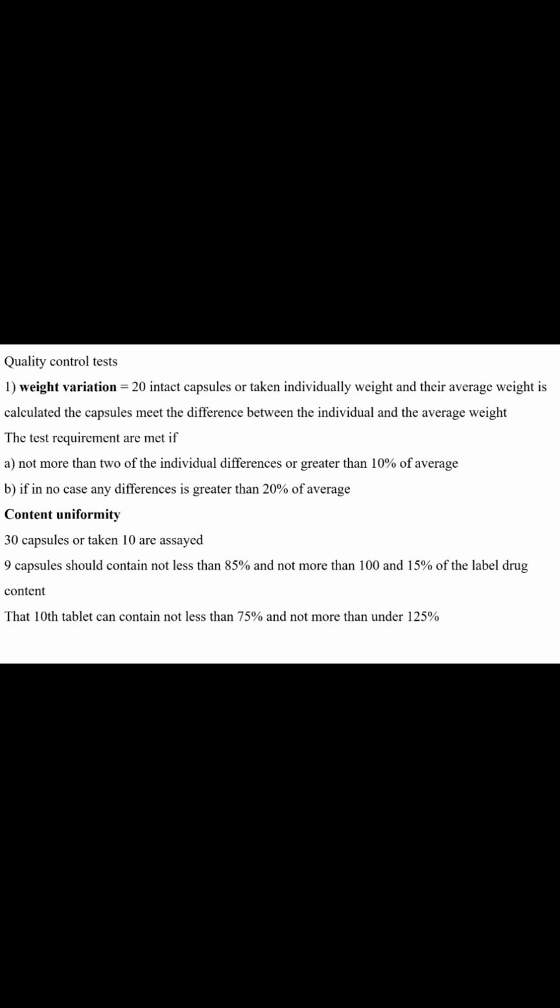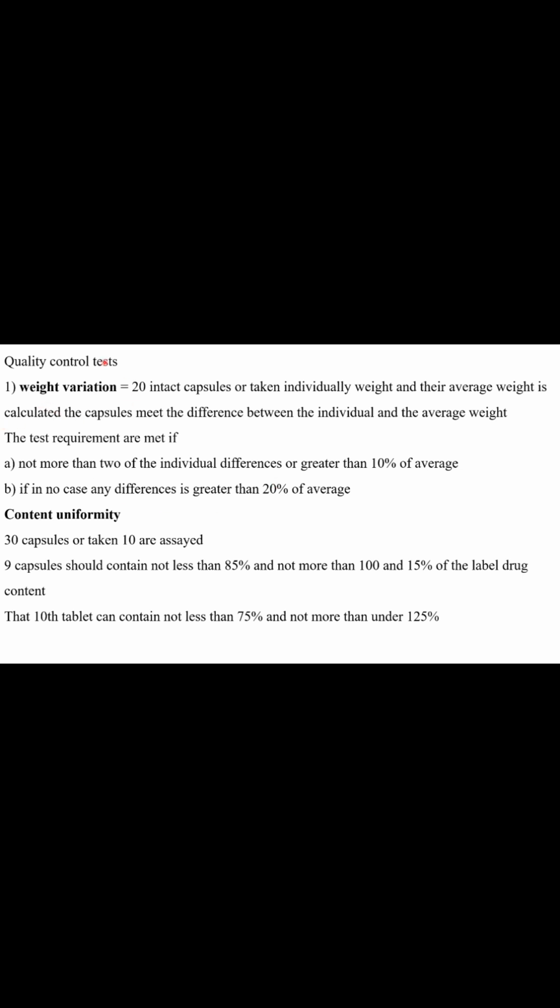The acceptance criteria: no more than two capsules should have a weight difference greater than 10% from the average weight. And no capsule should have a weight difference greater than 20% from the average weight. This test ensures that the capsules contain an appropriate amount of the substance. This is for weight variation.